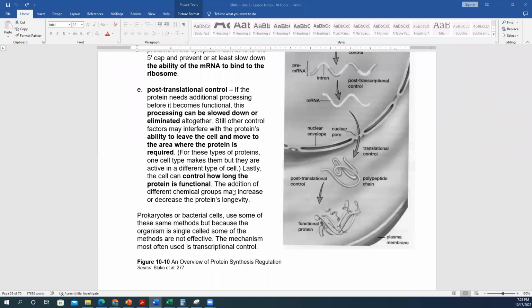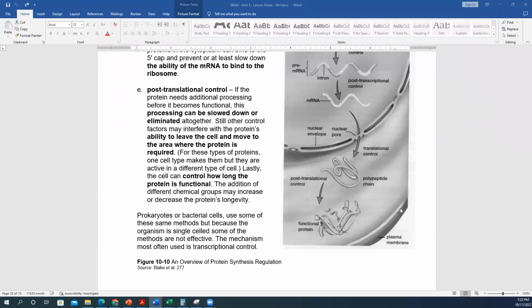There are also other factors that can interfere with the protein's ability to leave the cell, or to move to a certain area where that protein is required. For these types of proteins, one cell makes them, but they might be exported from the cell and be active in a different type of cell altogether.